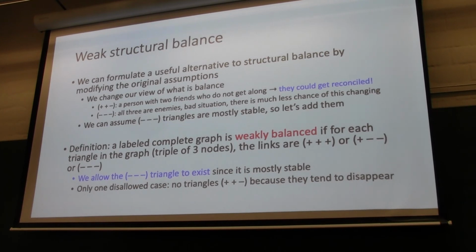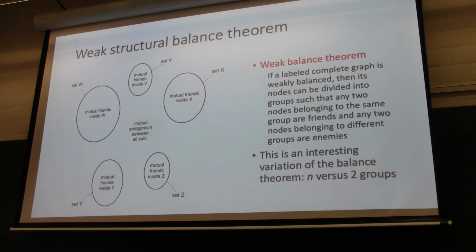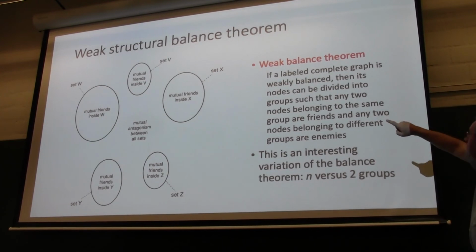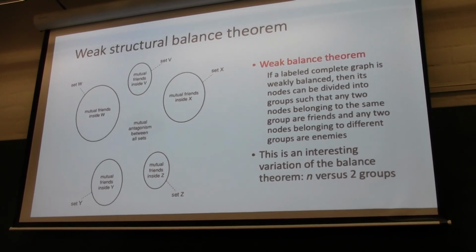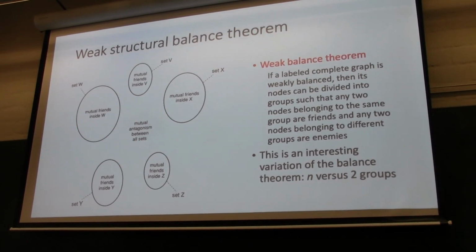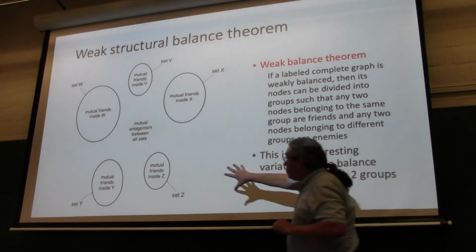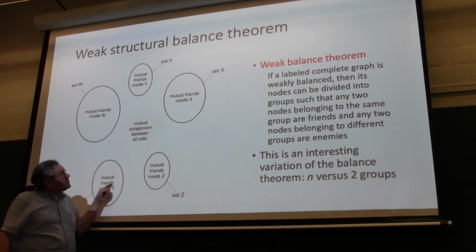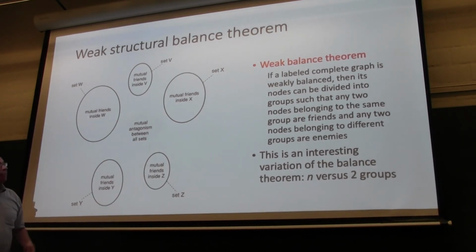Weakly balanced. And then there's a theorem called the weak structural balance theorem. This one is actually really neat and interesting. So if the labeled complete graph is weakly balanced, you can divide the nodes into groups such that inside the group you have only friends, and the groups are always enemies in between.